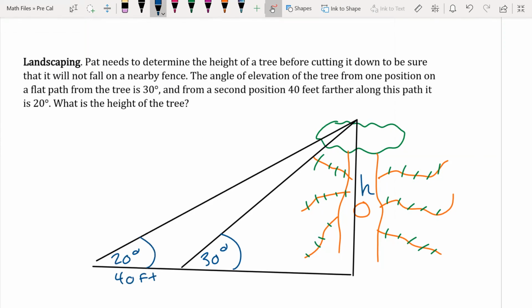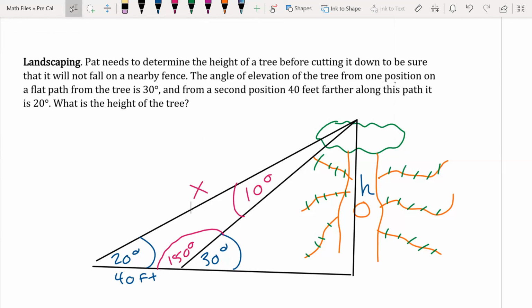So we're looking for the height of the tree. This is just like the mountain one. We can find this angle. If that's 30, what is this angle? 150. And what's the remaining angle? 10. And here we want to know what x is.